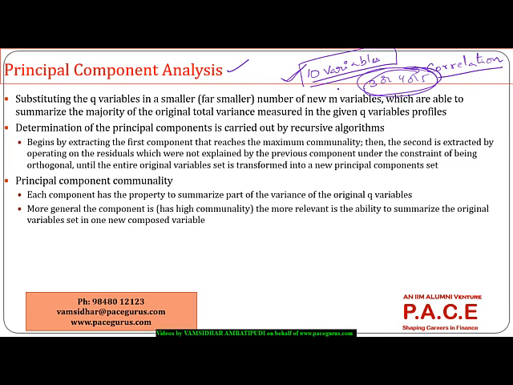That is the level at which the principal component analysis works. We are substituting q variables with a smaller number of m variables. So if there are 10 variables, I am substituting them with 3 or 4 variables, which are able to summarize the total variance of these 10 variables.